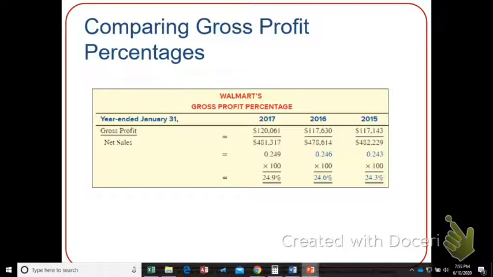So then if you look at Walmart's gross profit percentage, I think what's interesting is when you look at this, notice it's gone up by 0.3% every year.